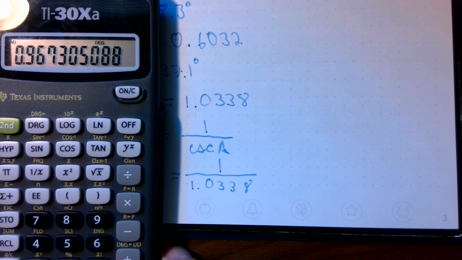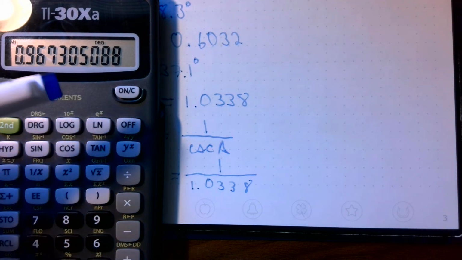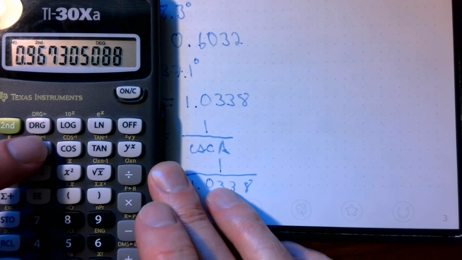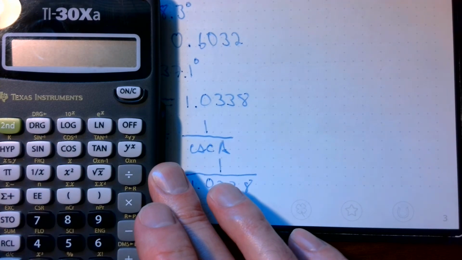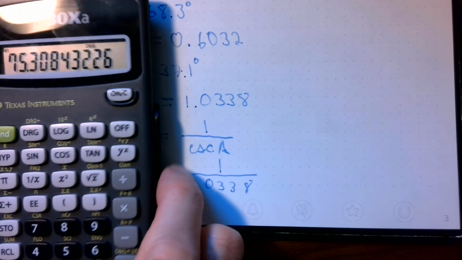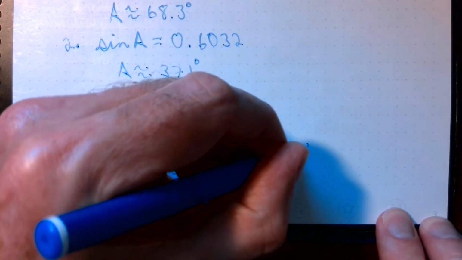So hit that. So it tells me the reciprocal is 0.967, blah, blah, blah. And now I'm going to take sine inverse using my second key. And it's giving me 75.3.